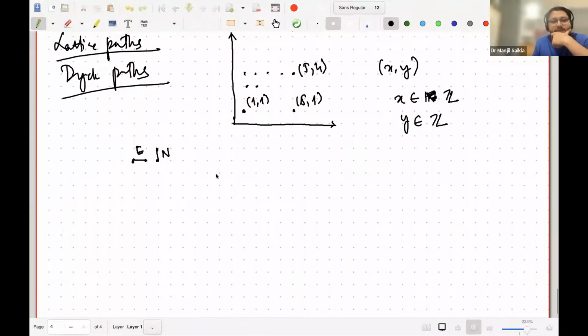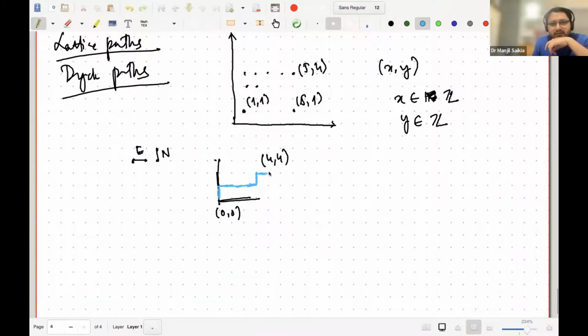So let's look at an example. Suppose I want paths which start from (0, 0) and end at, say, (4, 4). There are many different paths that I can take. Maybe one path would be I go 1 step up, then I go east, east, east, and then I go north and east.